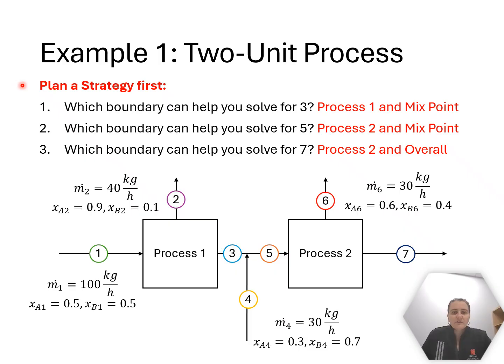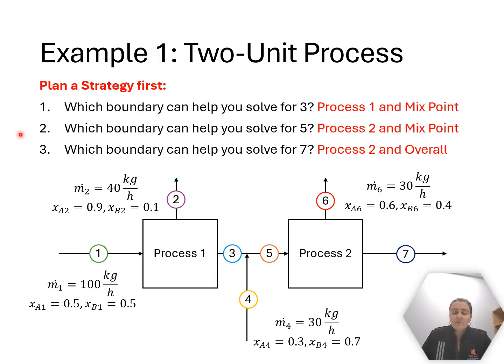So if we plan out a strategy, what boundary could help you solve for 3? Well, 3 crosses the boundary with process 1. 3 also crosses the boundary with this mix point. Now, I don't know anything about 5 yet, and I don't know anything about 3, which means that process 1, because I know information about 1 and 2, might be a good way to solve information about 3.